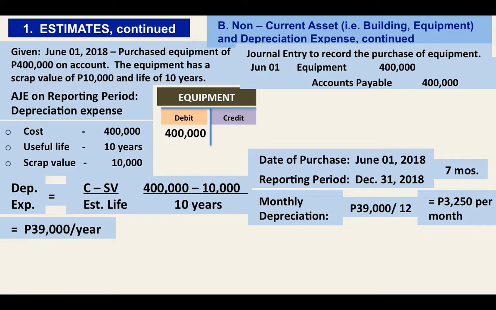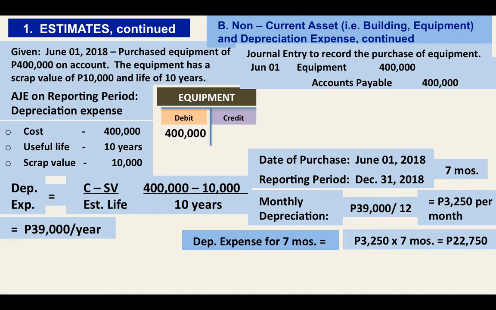So alam mo na kung magkano ang magiging depreciation mo by multiplying the number of months, which is 7, to the depreciation per month of 3,250. So the depreciation expense is 22,750. That is your depreciation expense from June 1st up to December 31st for 7 months.